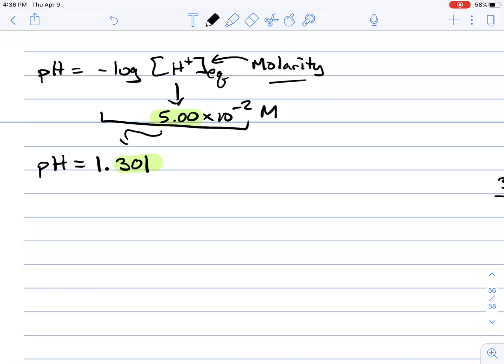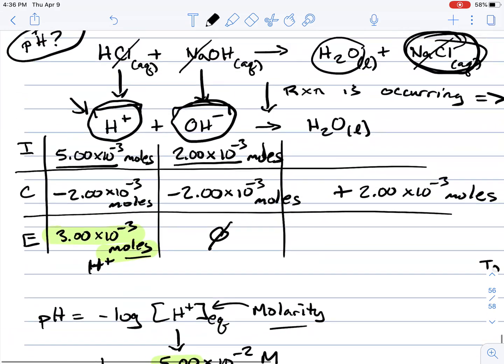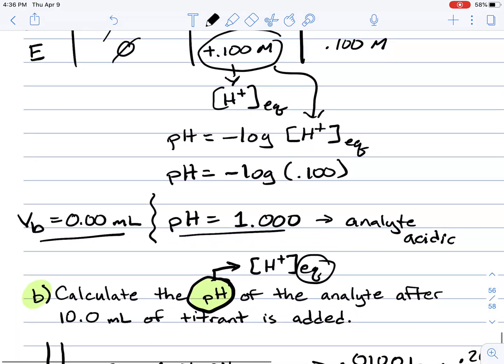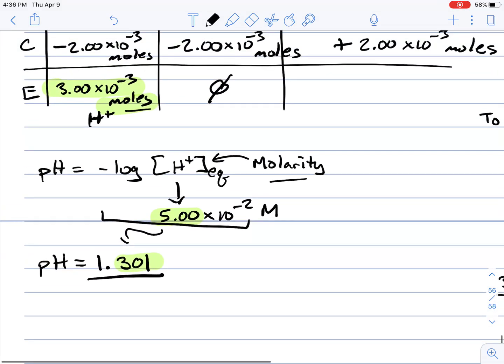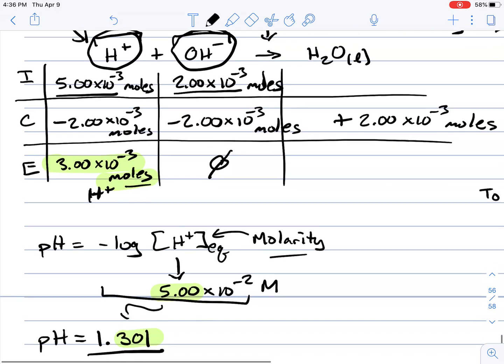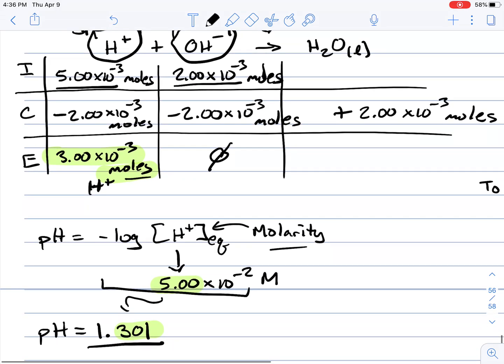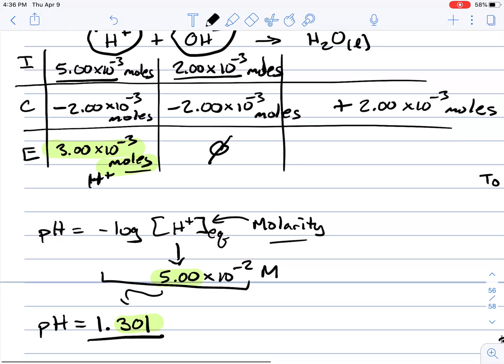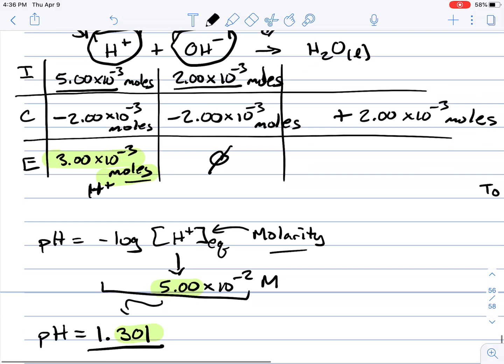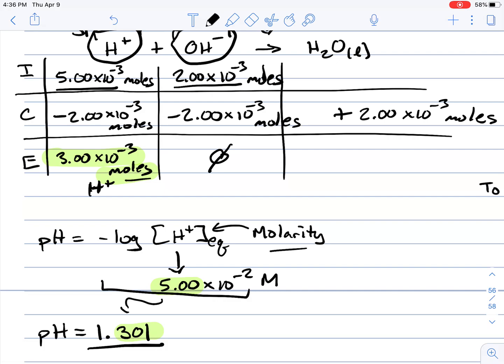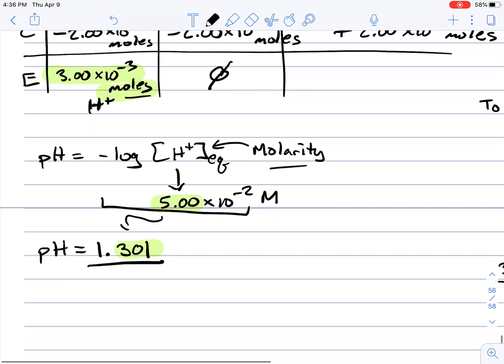And so if you guys are looking at this pH value and the first pH that we calculated, it didn't increase by very much. Okay? And the reason why was because the amount of base added was not enough to change the pH unit significantly.